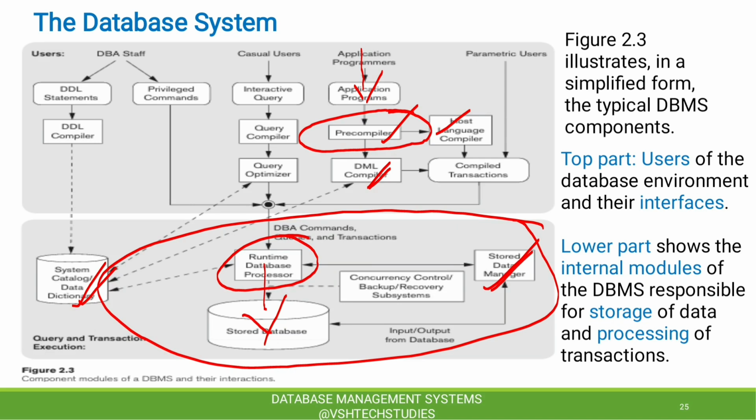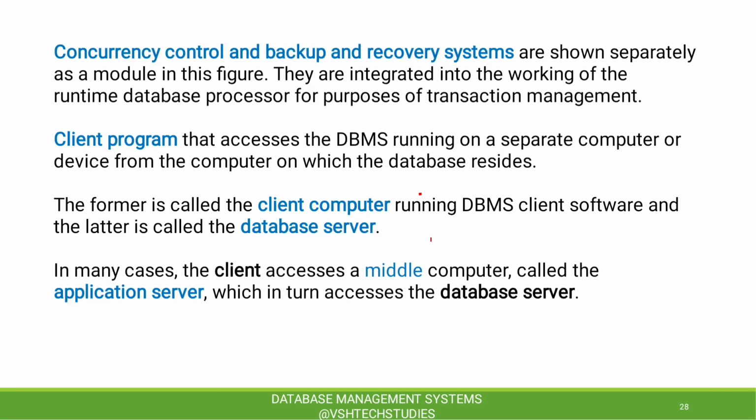The concurrency controller, backup and recovery subsystems, which are shown here, will be helping the runtime database processor in executing user compiled queries. Concurrency control and backup and recovery systems are shown separately in the figure, but they are integrated into the working of the runtime database processor for purposes of transaction management.